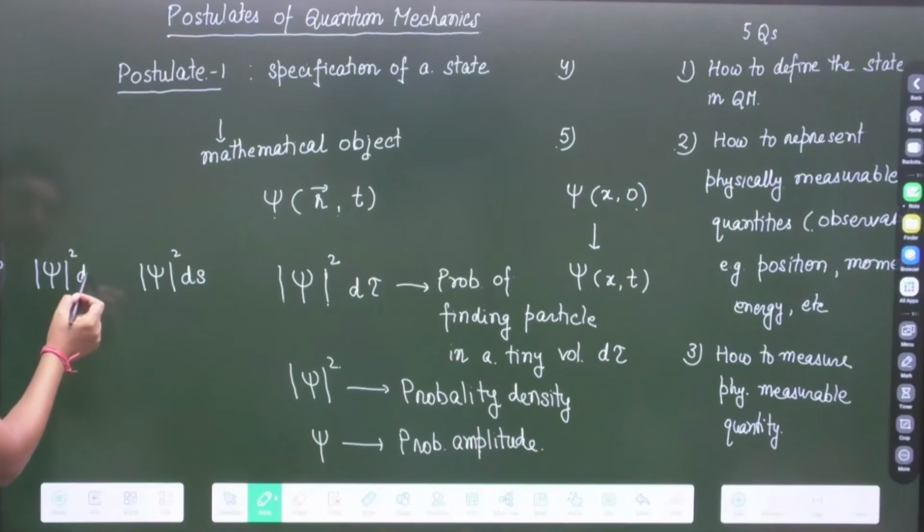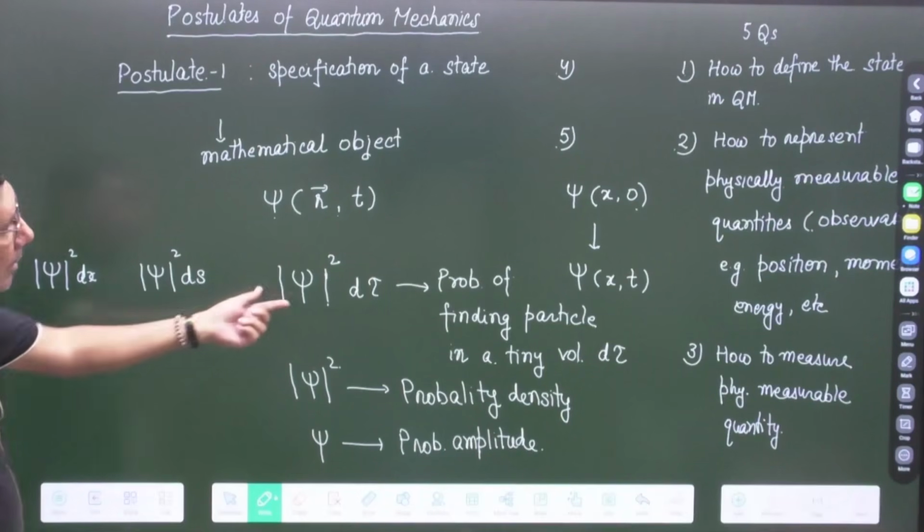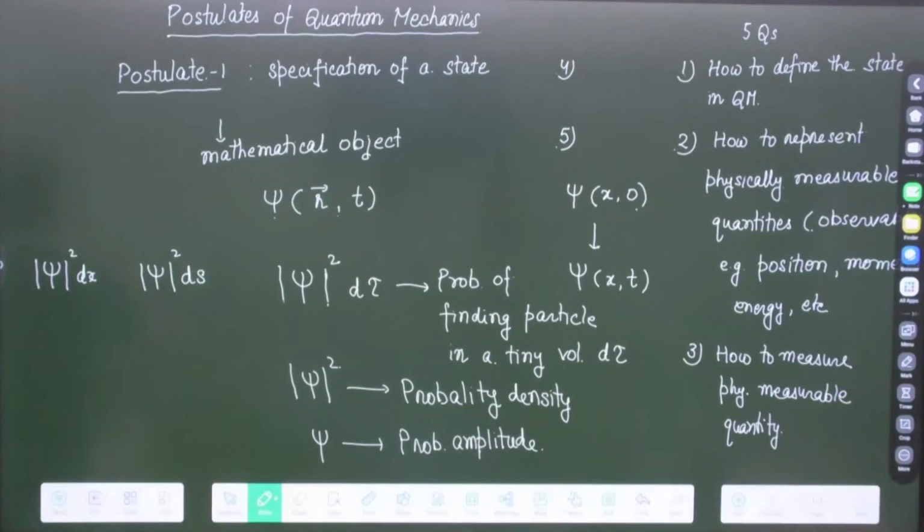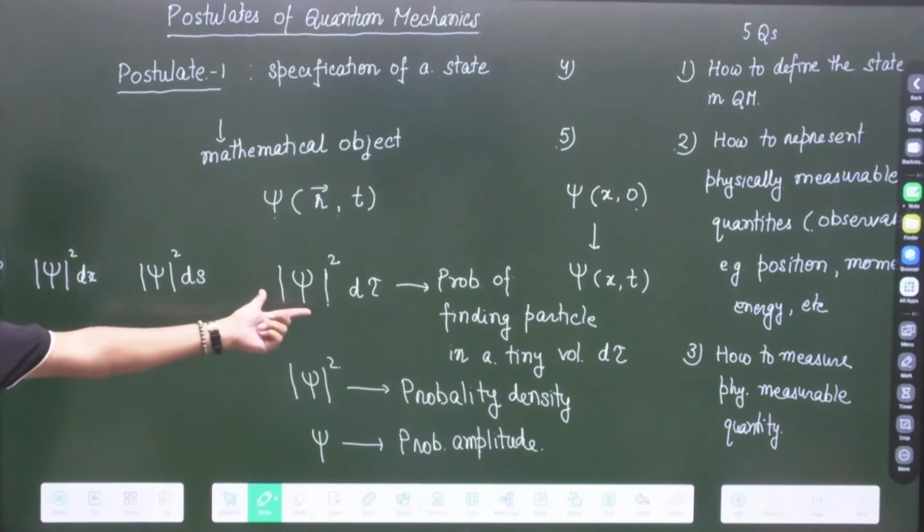So the probability depends on whether you are dealing with a 3-dimensional, 2-dimensional, or 1D problem. If your particle is trapped in 1D, you use this; if 2-dimensional, then this; if 3-dimensional, then this.